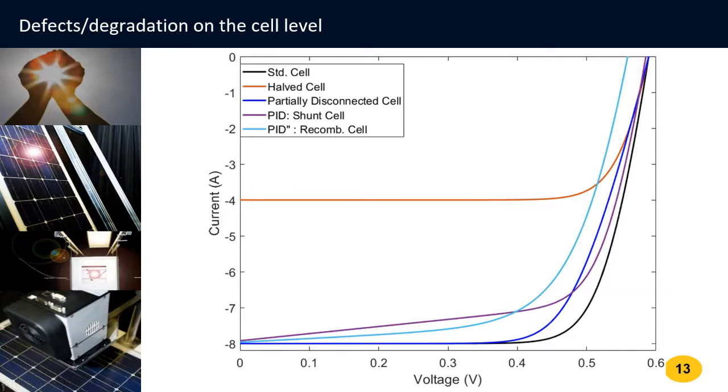And then you'll have mismatch losses. Now, if you apply that to an entire string on a plant, it might seem like you're only losing 2% power here, 2% power there, but eventually it adds up, depending on the severity of the defect.